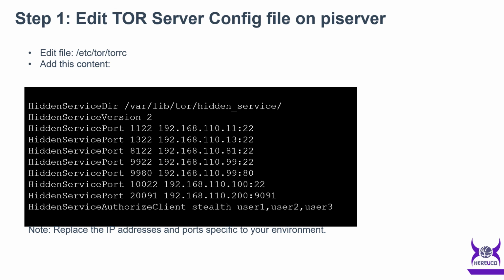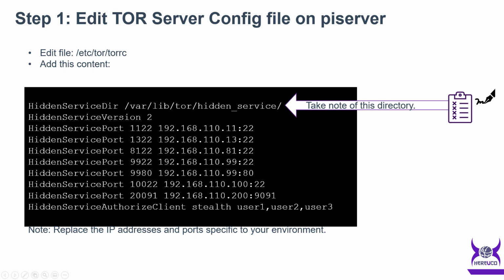The hidden service port 9922 would be the port that a Tor client would use to access SSH on my machine with an IP address of 192.168.110.99. Remember, there is nothing special about my port 9922. I just use the IP address combination to remind me that if I use SSH to go to IP address 99, I'm just going to go to port 9922.